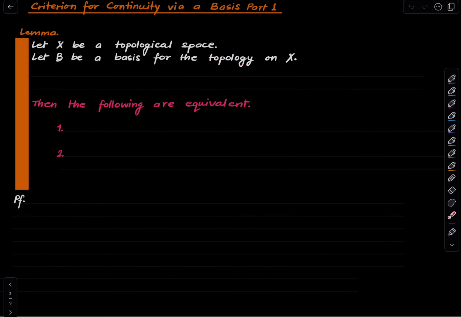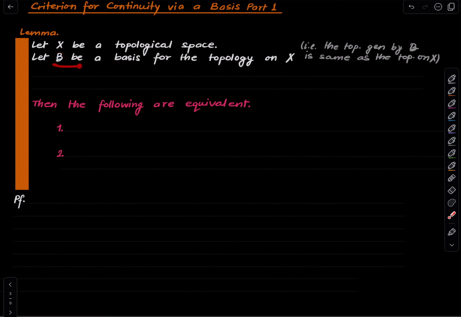It just means that the topology generated by the basis is the same as the given topology on X. X was a topological space, meaning X was a set equipped with a topology, and this line just says that suppose you are able to find a basis which generates the same topology as X. Of course, the topology itself is a basis, and it also generates the same topology as itself.